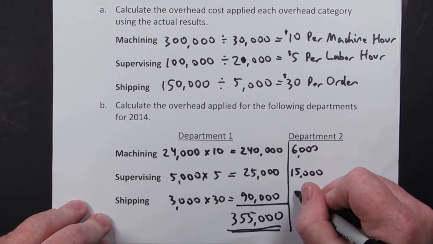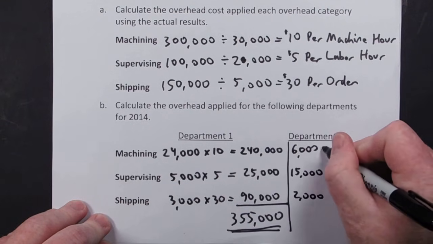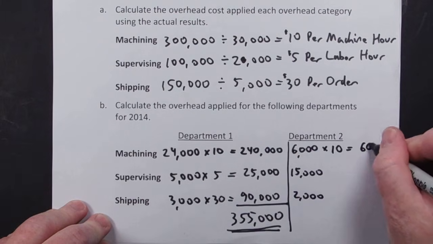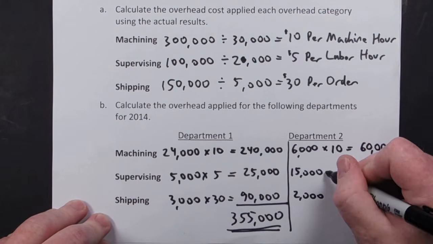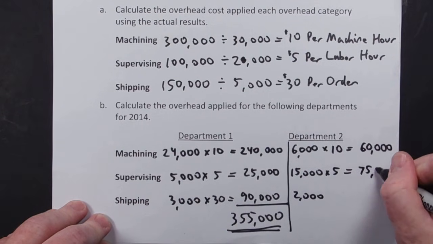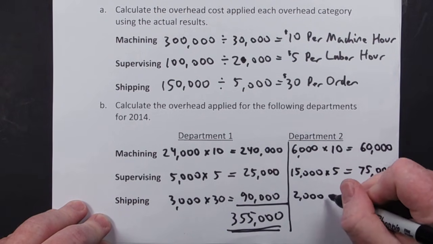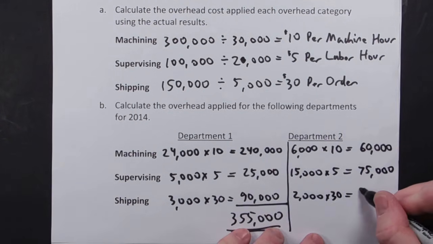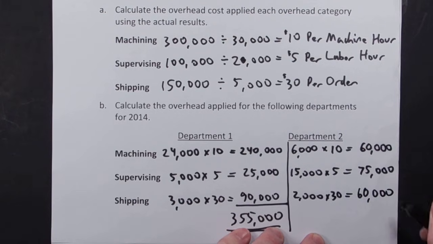Again, we just multiply by the rates. $10 per machine hour, $5 per labor hour, and $30 per order. 60,000. We're going to add them all up. 60,000 plus the 75,000 plus the 60,000 equals 195,000.